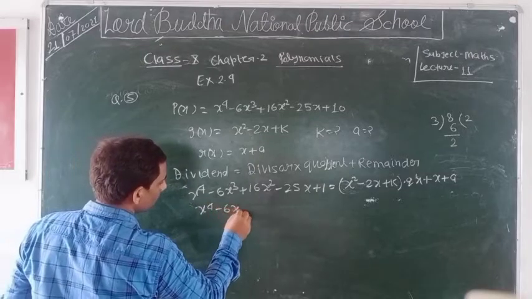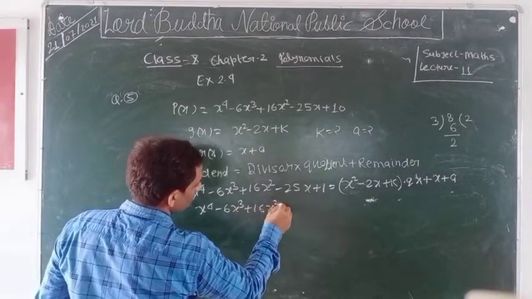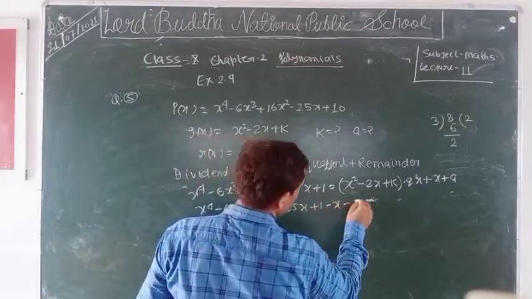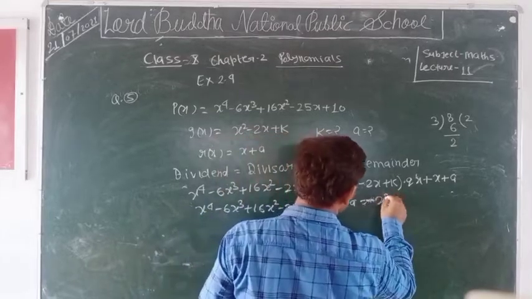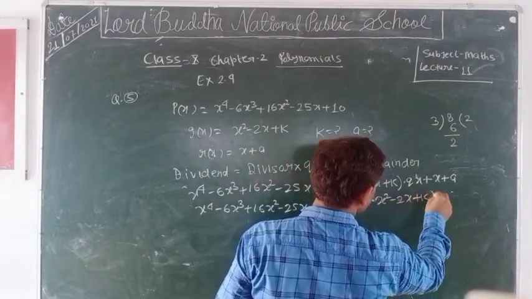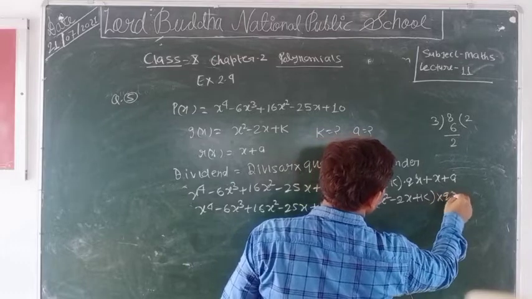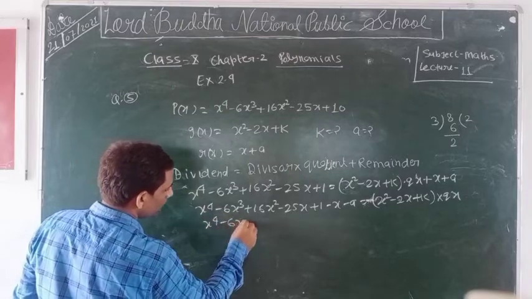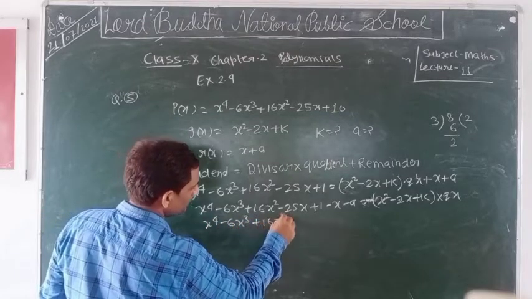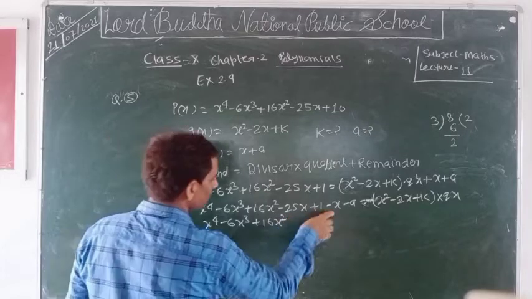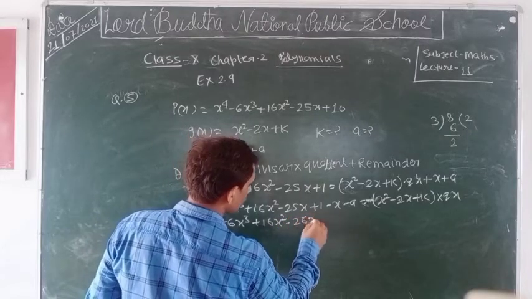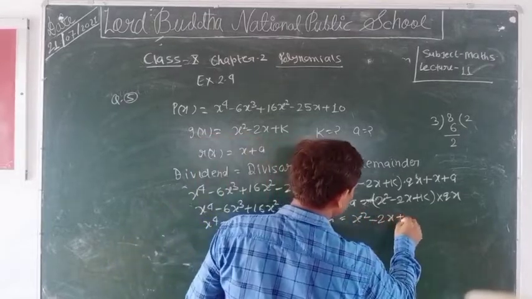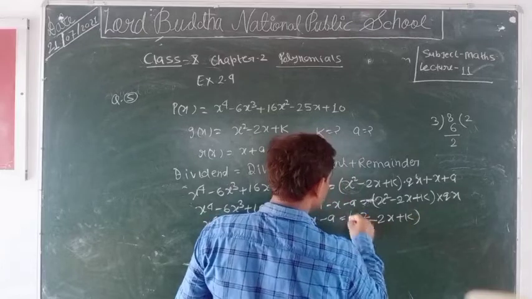x power 4 minus 6x cube plus 16x square minus 25x plus 10 minus x minus a equal to x square minus 2x plus k into q(x). Now we see that x power 4 minus 6x cube plus 16x square minus 26x minus a equal to x square minus 2x plus k into q(x).